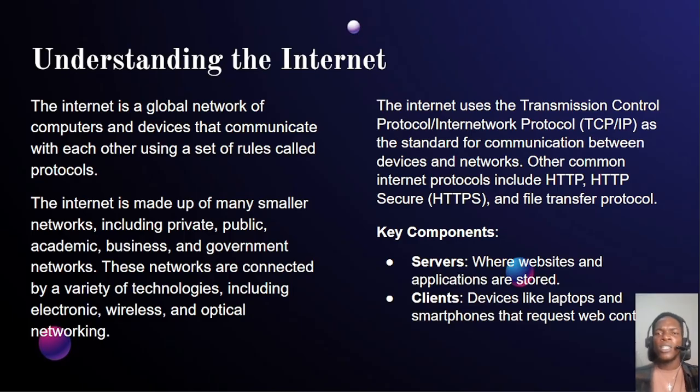So that's why you see the internet uses transmission control. We send the message to the website through the browser. The browser goes to that particular address, talk of IP address and all that. It goes to that address, gets the information about www.facebook.com and displays it for each and every one of us to see. That's why the internet is made up of many smaller networks.